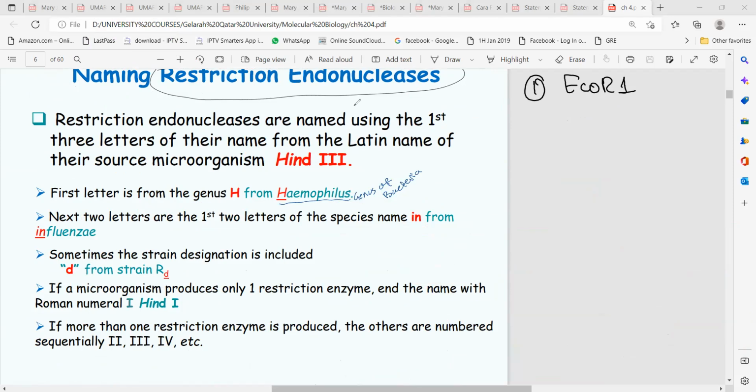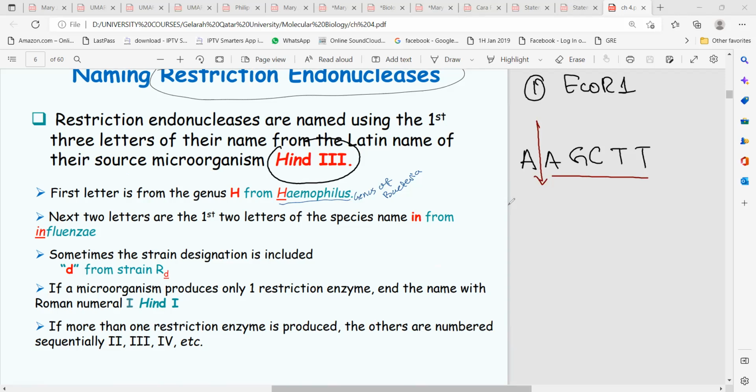Another is HindIII endonuclease. Mostly they come from bacteria like E. coli, and HindIII will mostly cut at the sequence AAGCTT. This way it will cut.